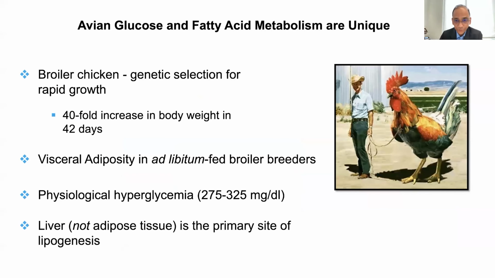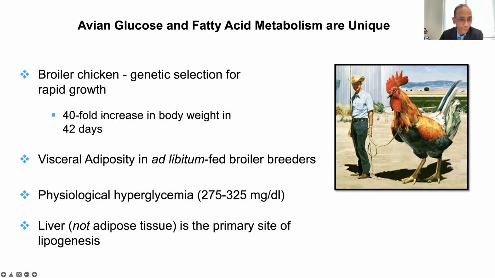And I just want you to go back into the history or the background behind the uniqueness of the chicken model. And I don't need to explain the first bullet point. We all know that. We have been selecting for growth in the broiler chicks. We want to achieve very good feed conversion efficiency and rapid growth rate with a lot of muscle mass and good skeleton.